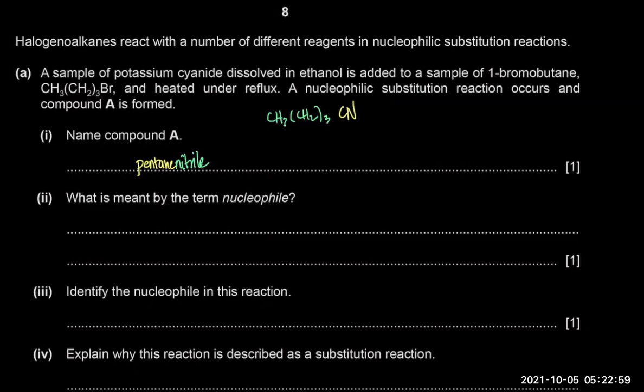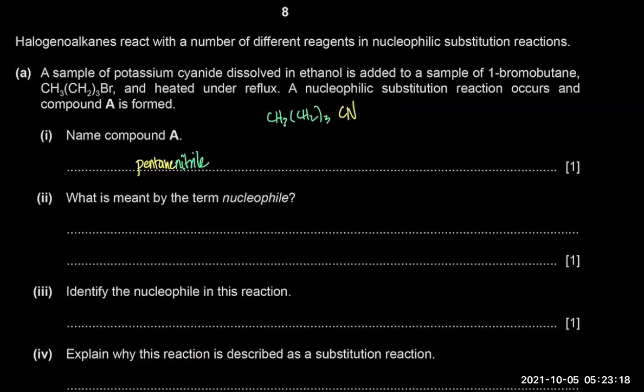What is meant by the term nucleophile? You have to be more specific. What does the nucleophile do in any reaction? It donates a pair of electrons. By definition, a nucleophile is a Lewis base, an electron pair donor.